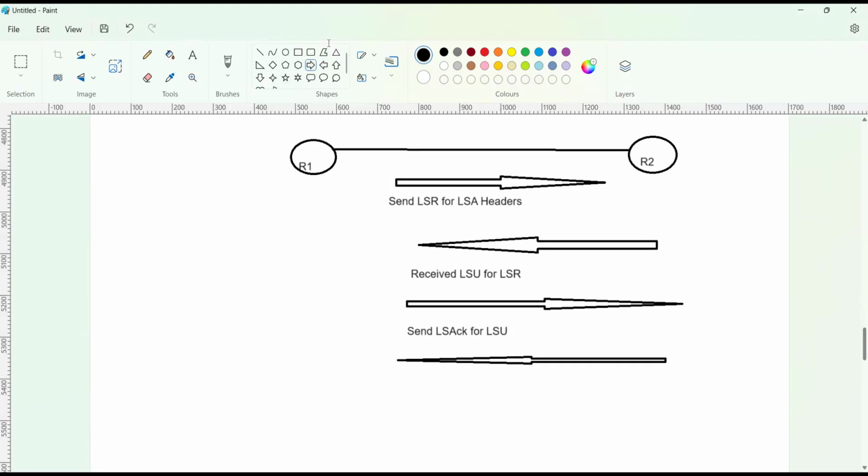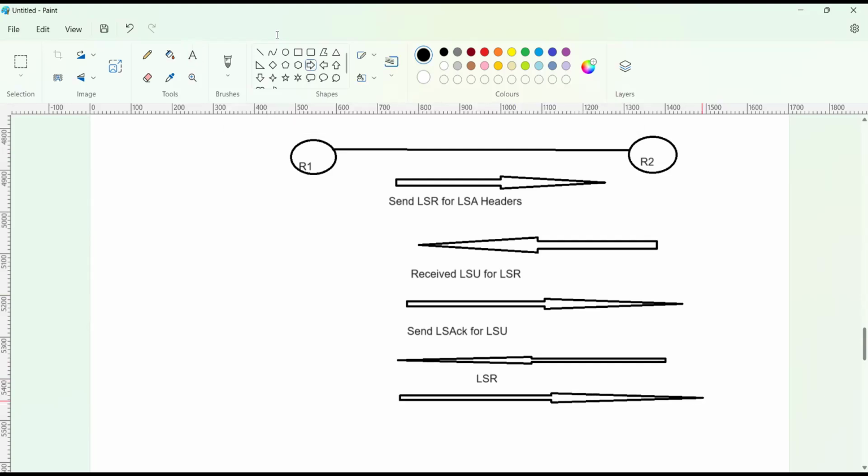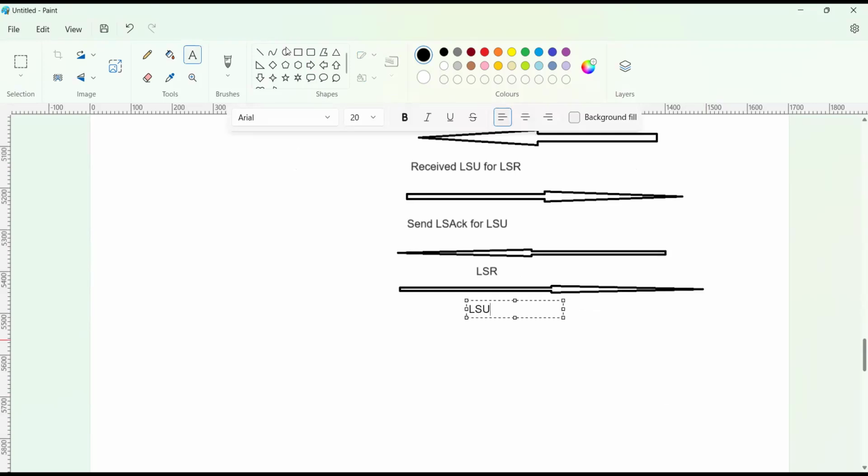Then LSU. This is the link state request: whichever prefixes and link state advertisements you have, just send them to me. R2 is asking, then R1 is giving the reply. R1 is giving the update with the prefixes, the LSU, link state update.